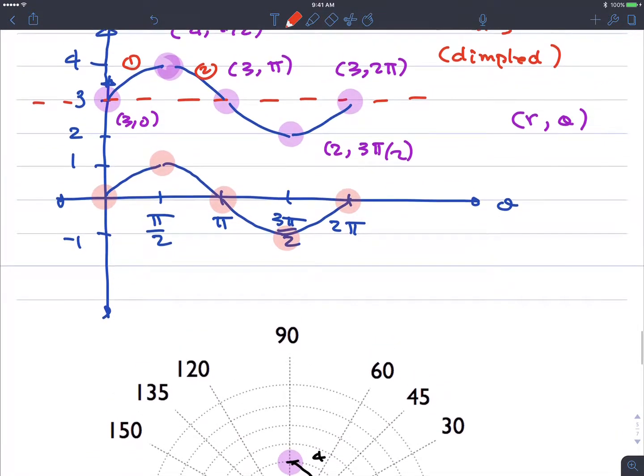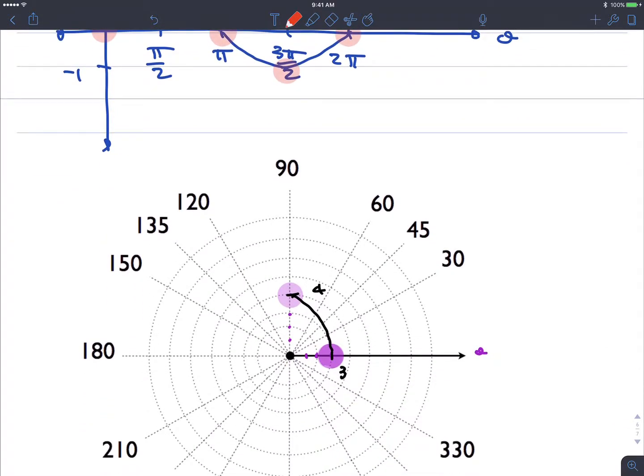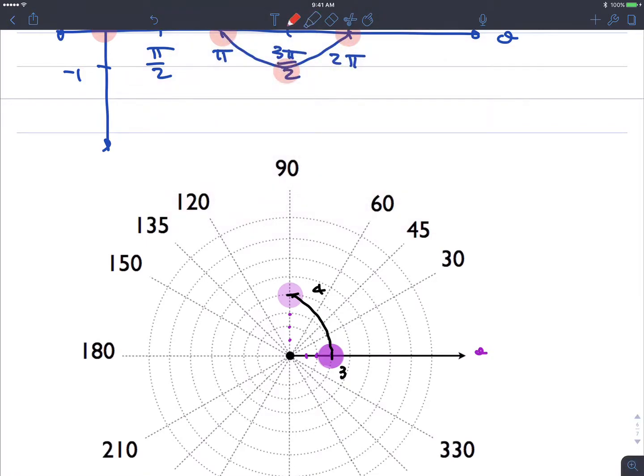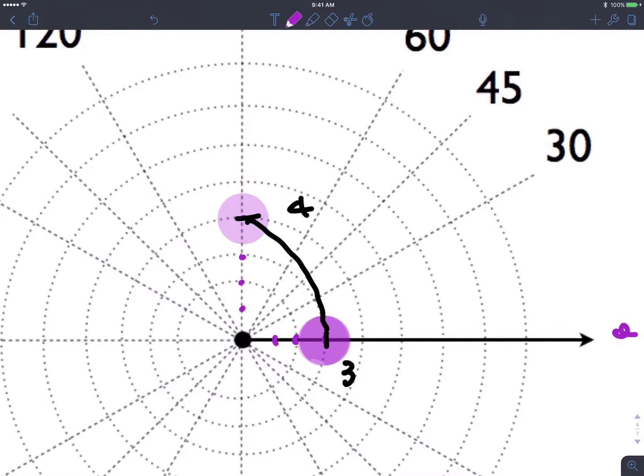Now going from 90 degrees to 180, to pi, notice what happens. I'm back where? I'm back at 3. So at pi, I'm back at 3. So I'm going to go 1, 2, 3 again to keep this in proper perspective to scale.